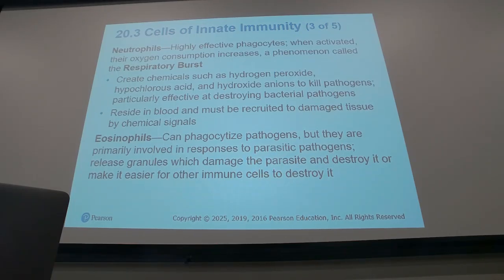Now, eosinophils, which are part of the granulocytes, also have molecules that can damage microorganisms, but in this case parasites. These parasites will be paralyzed with the action of the molecules that these eosinophils have.